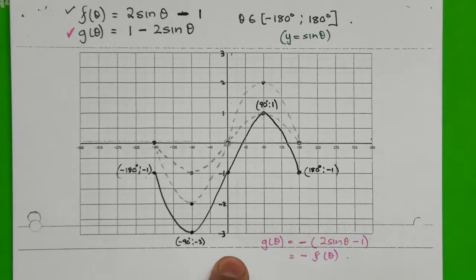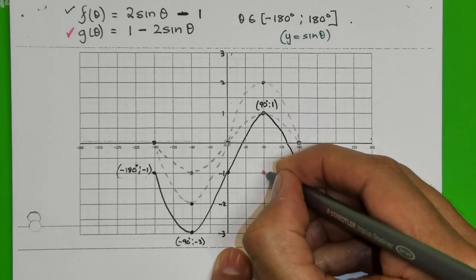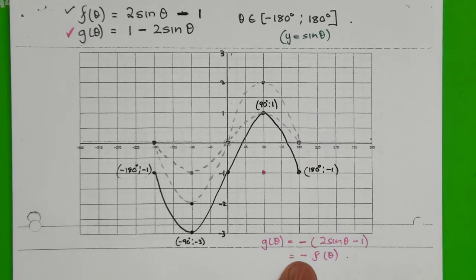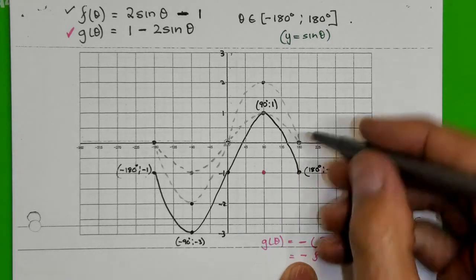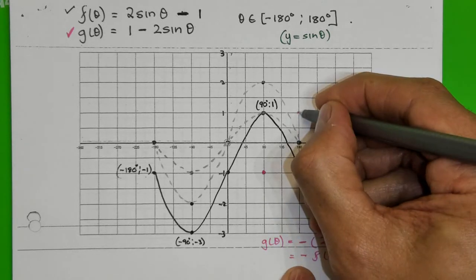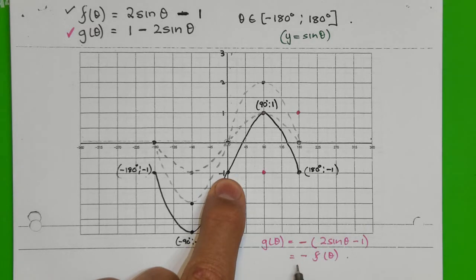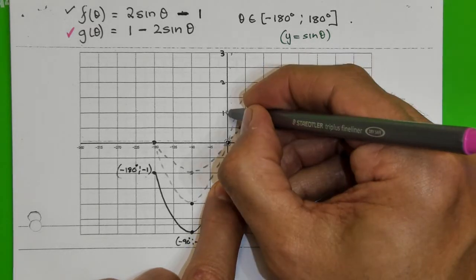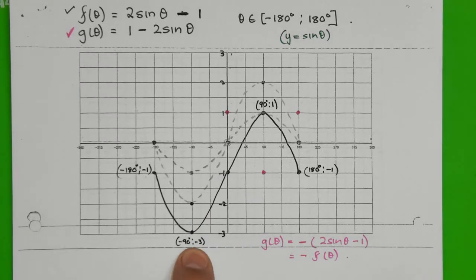So if I now change this y value to a minus 1, it would lie over there. Remember, I'm timesing it with a negative 1. I'm reflecting it in the horizontal axis. This point, if I times that by minus 1, would go to 180 and 1. The point here is minus 1. Times by a minus would go to the positive value of 1. Be careful here. The y value here is now minus 3.